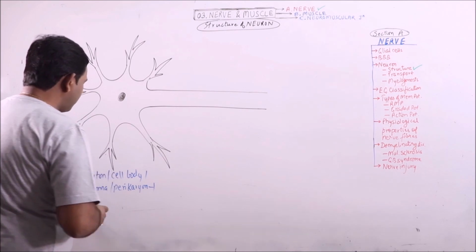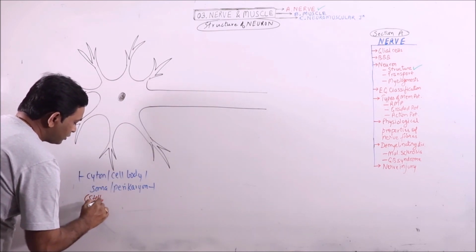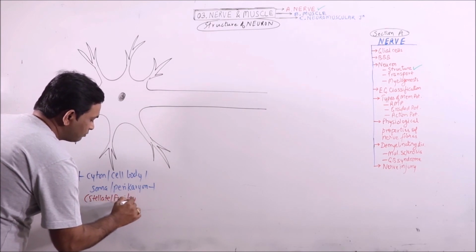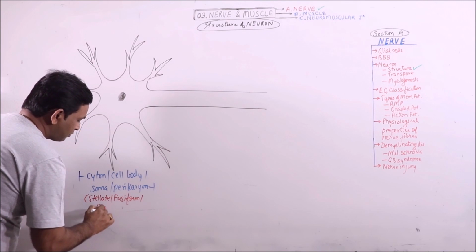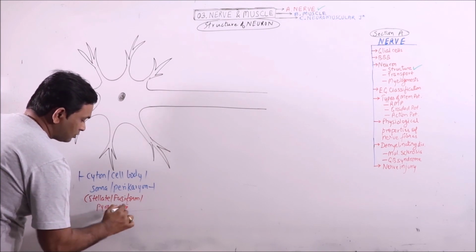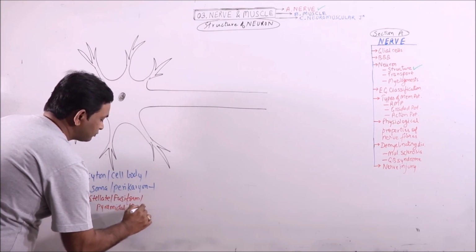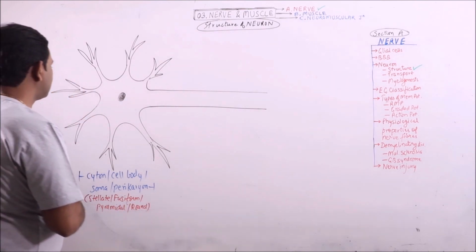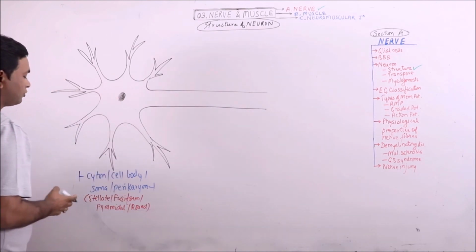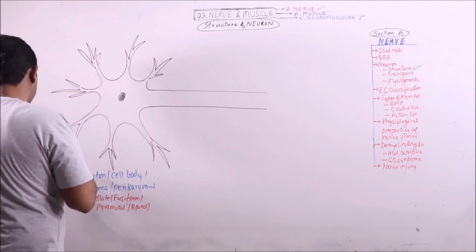The structure of cyton may be stellate, fusiform, pyramidal, or round. These branches which emerge out from the cyton are termed as dendrons or dendrites.